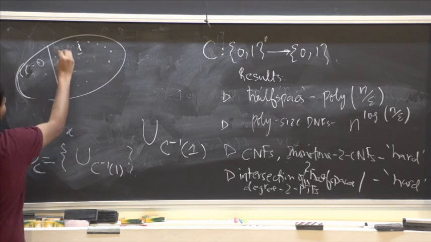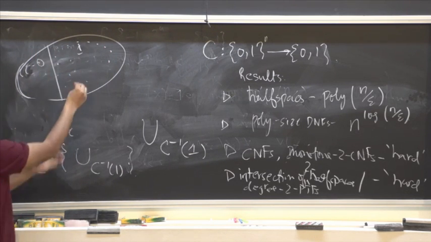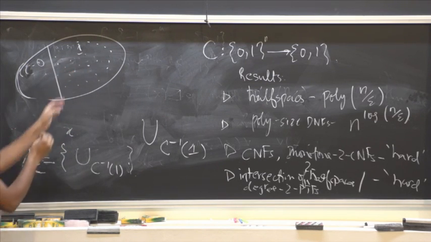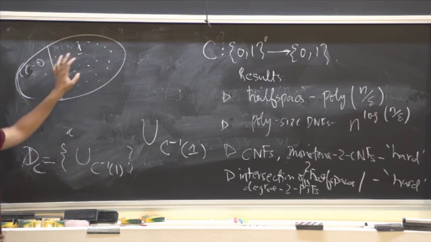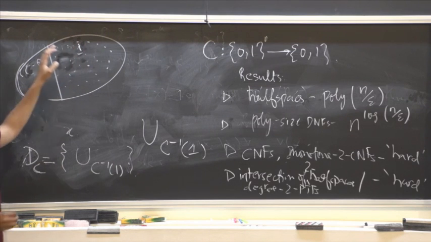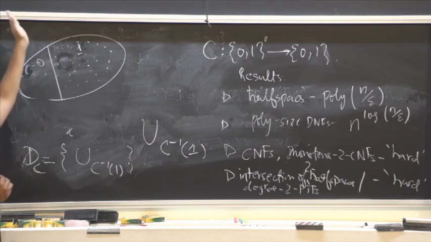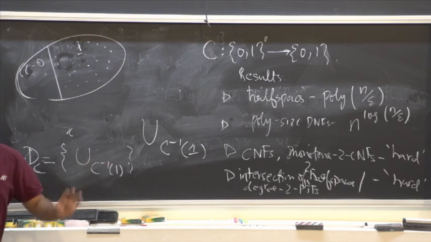This is some unknown circuit, so there's some unknown partitioning of the space. What you are getting are samples from this half uniformly at random, and you need to learn this distribution. You may want to learn this partition itself, you may not, depends on you.